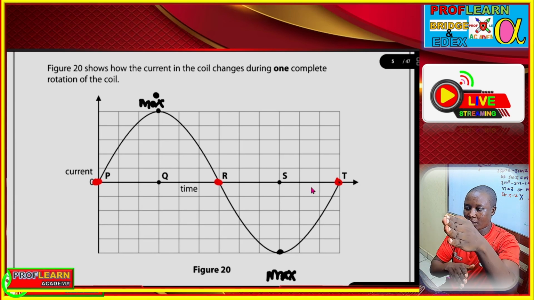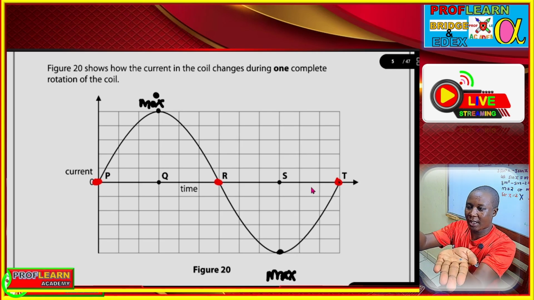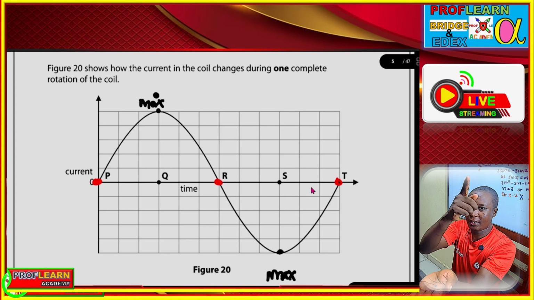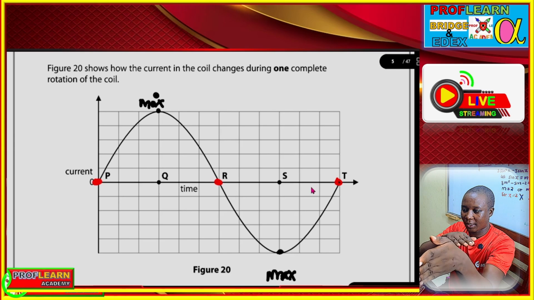But when it's horizontal, the direction of motion of the conductor is going to be perpendicular to the fields which are across. So at Q and S, the coil is horizontal.